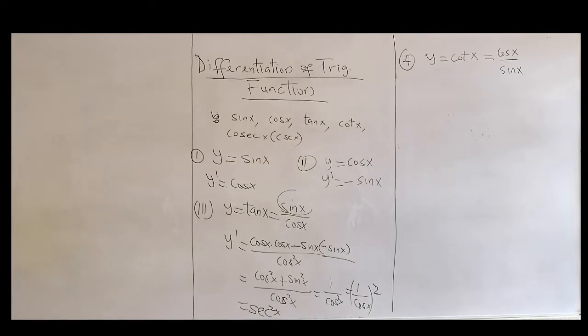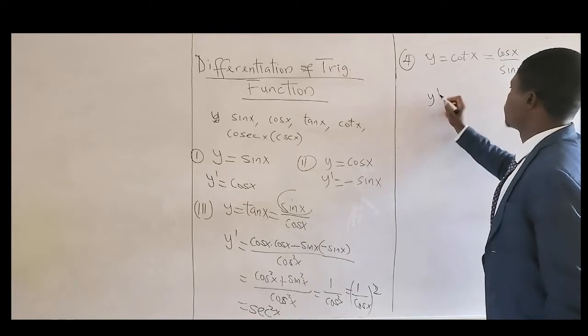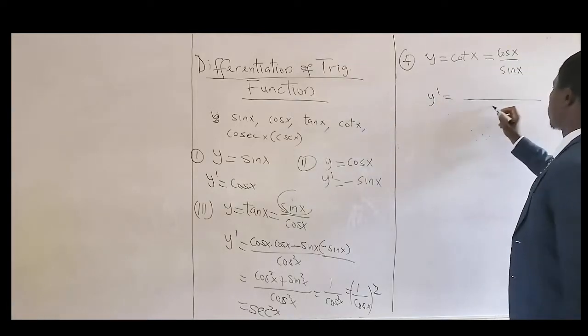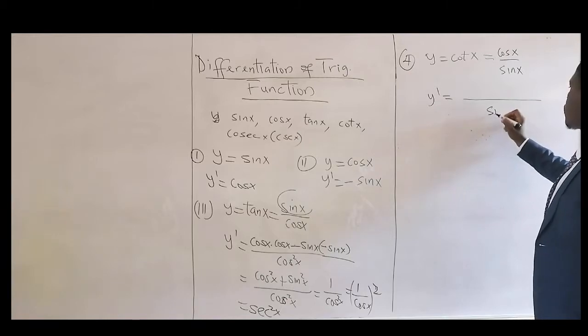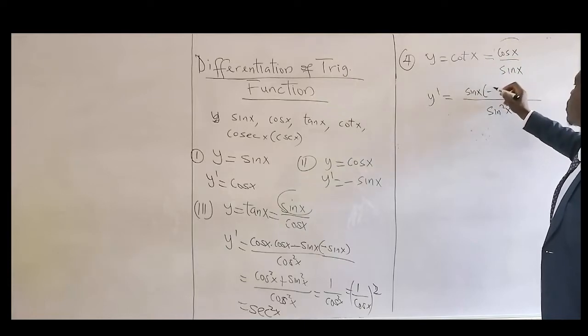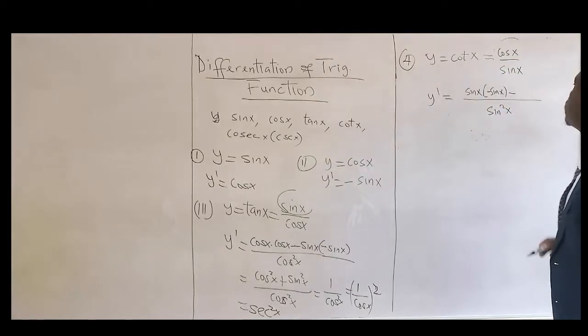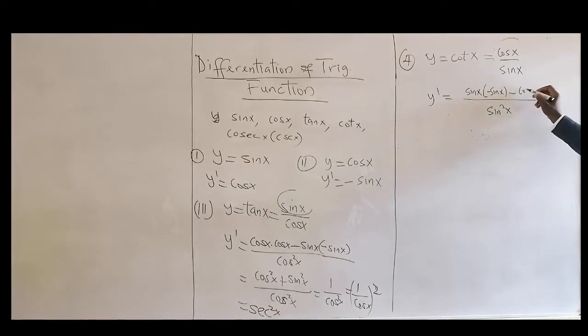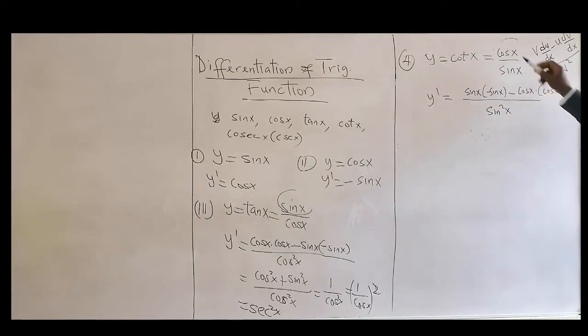Then y prime is equal to v squared, sine square x, then v, sine x. The derivative of this is what? Minus sine x. Then minus the numerator, that's cos x, times the derivative of the denominator, that's also cos x.